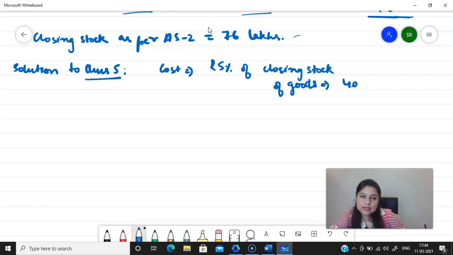So 40 lakhs into 25%, right? And it has also been given in the question that 10 lakh is the closing stock.